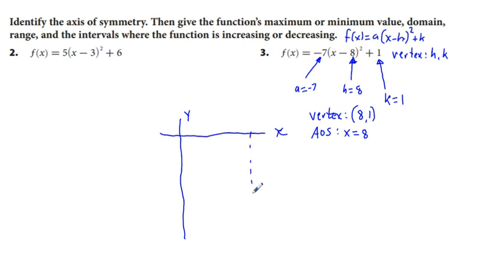That's our axis of symmetry. Our vertex is going to be right up here at 8 comma 1. And so the graph of the function is going to look like this, increasing all the way up to x equals 8 and decreasing after x equals 8. So that's what it's going to look like.